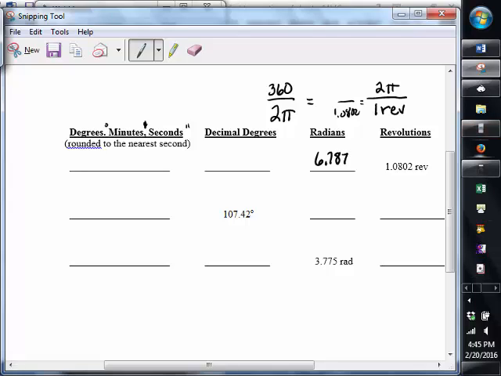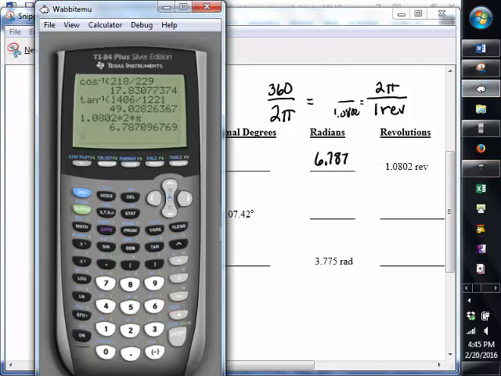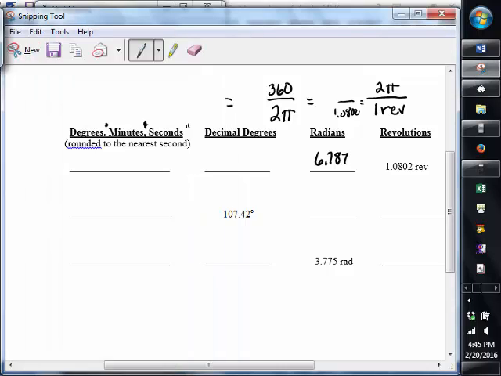Changing that into decimal degrees, we know that 360 degrees is 2 pi radians, or in other words, we could take it times 360 and divide by 2 pi, or times 180, oh, we wanted it in degrees, I'm sorry. 1 revolution, I didn't ever write that one down, did I? 1 revolution is 360 degrees.